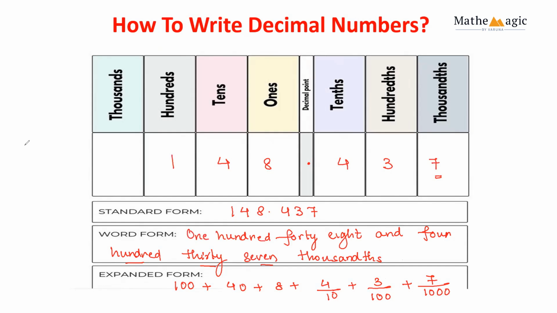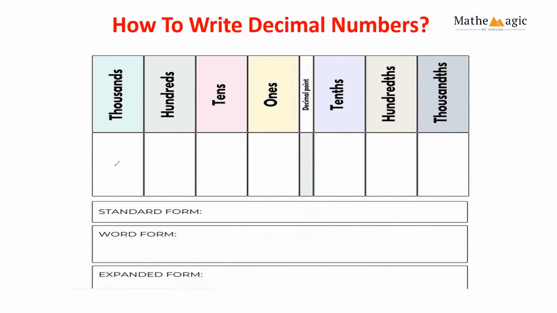Let's take one more example and clear this. See, if I have 5913.48, the standard form is 5913.48. The word form starts with thousands: 5,913.